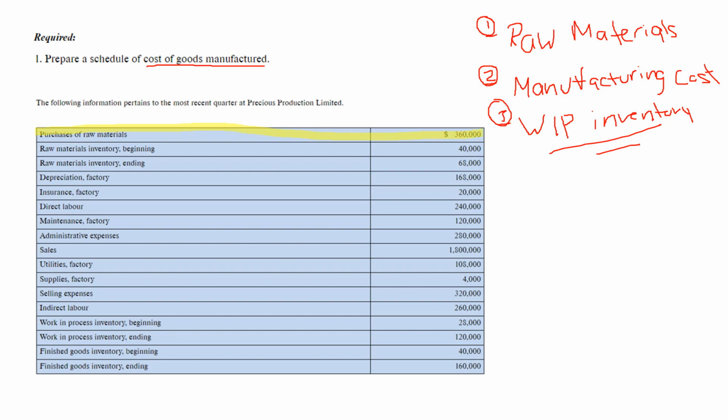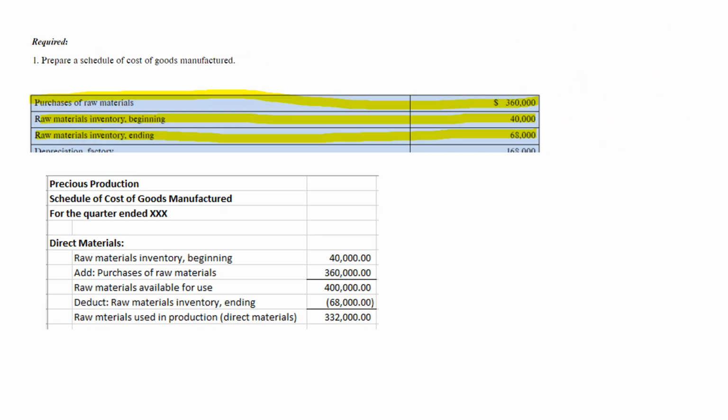Raw materials beginning inventory, we're going to want that. Raw materials ending, we're definitely going to want that. All the rest of these are not useful for our raw materials budget. So it's just these first three, the purchases of raw materials, inventory beginning, and raw materials inventory ending, that we're going to look at first.